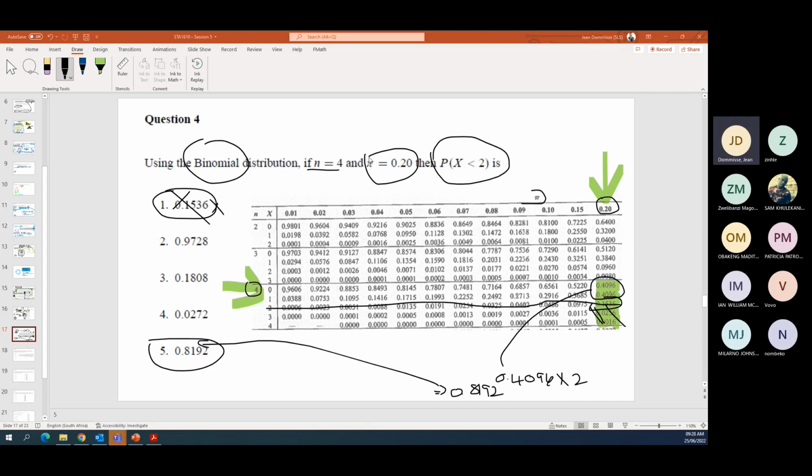Okay, so we're still looking at binomial. Did anyone already try the assignment?